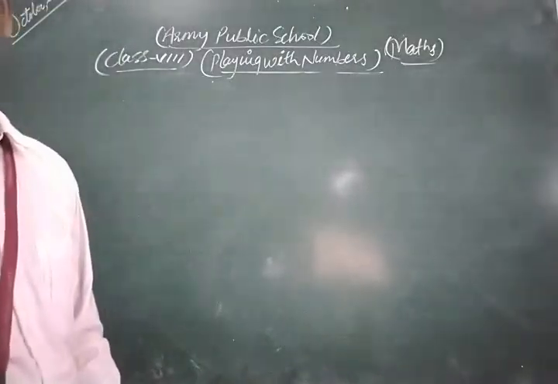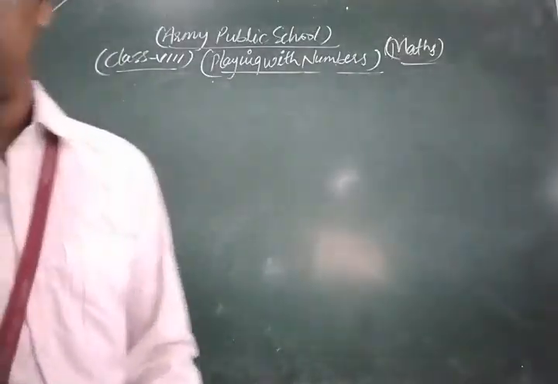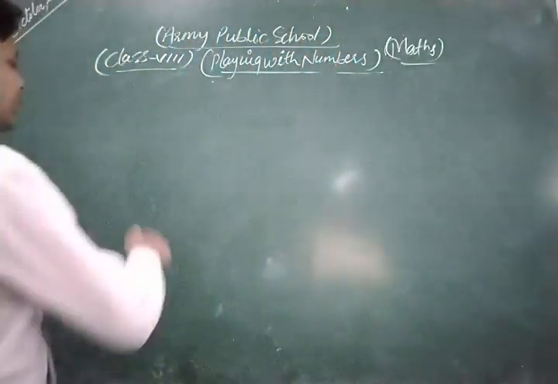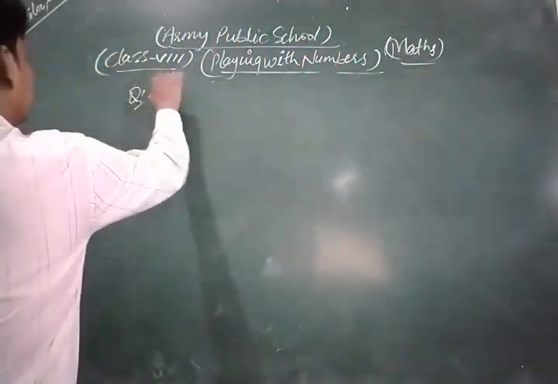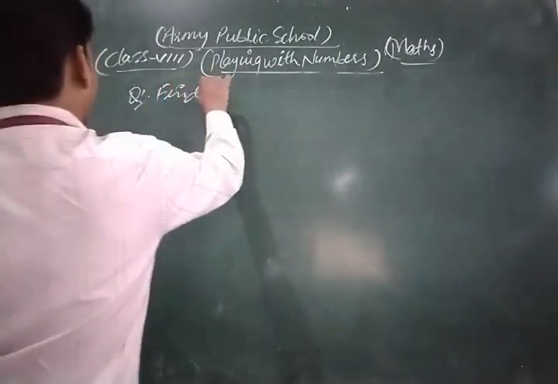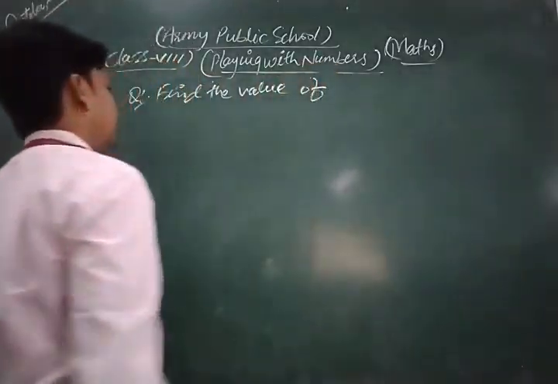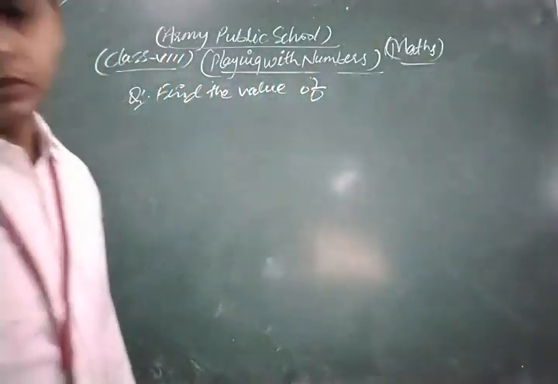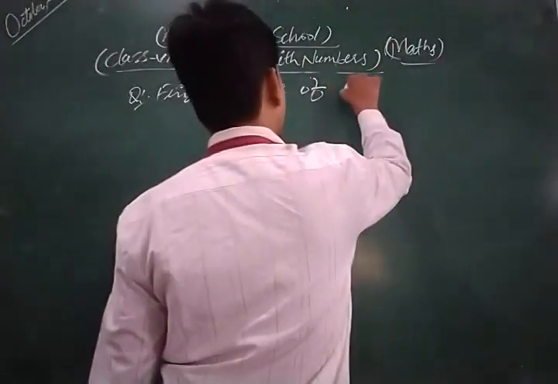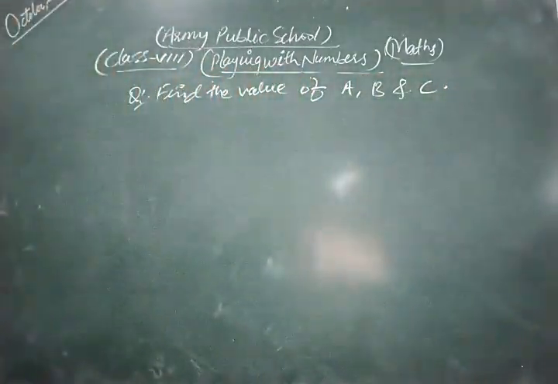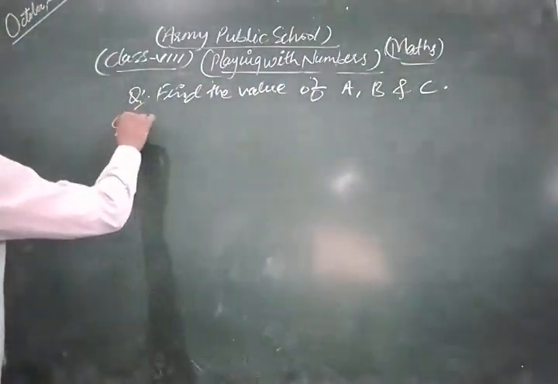Now the question is: find the value of A, B and C. Find the value of A, B and C. Let's see its solution.